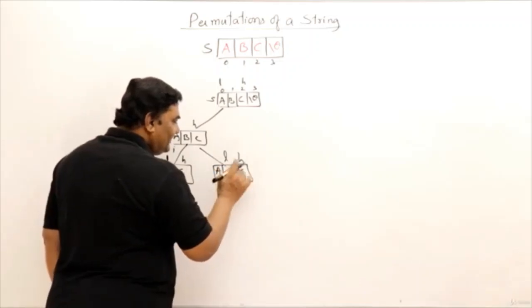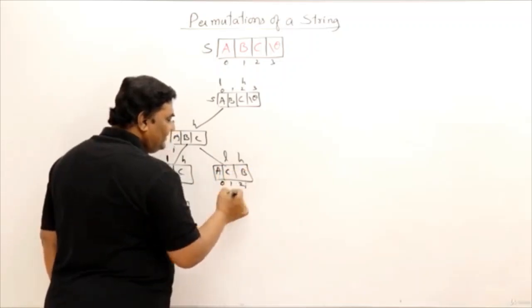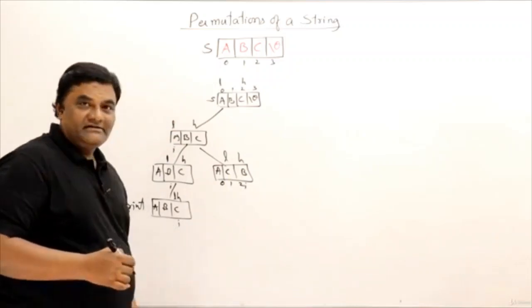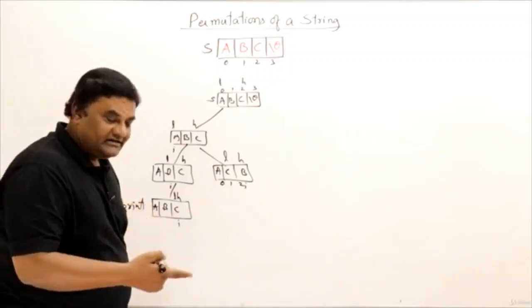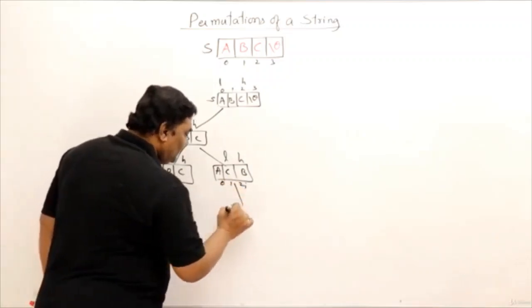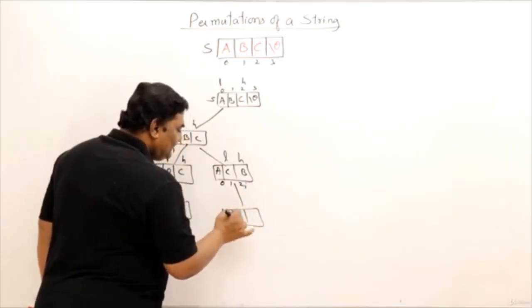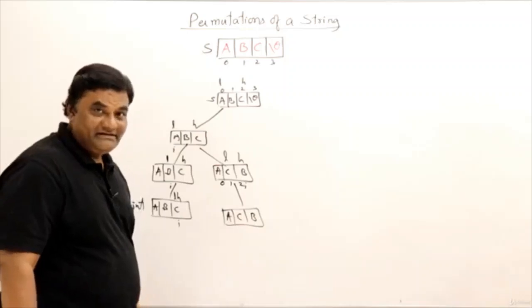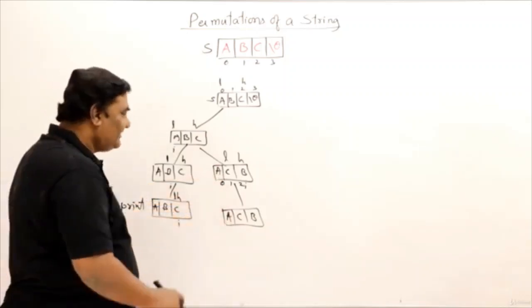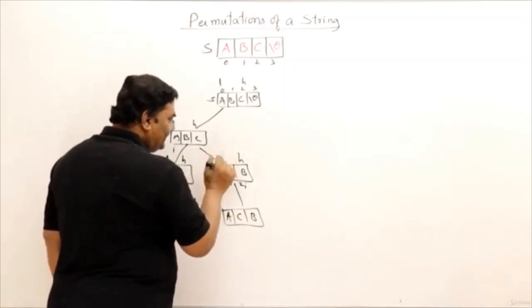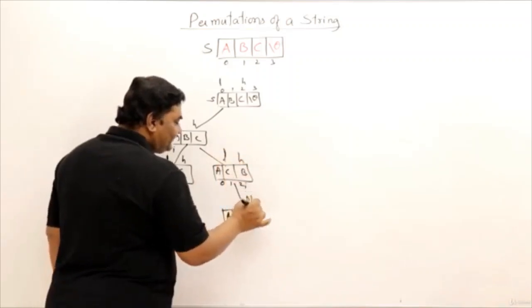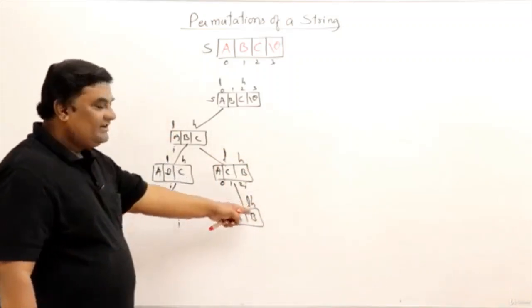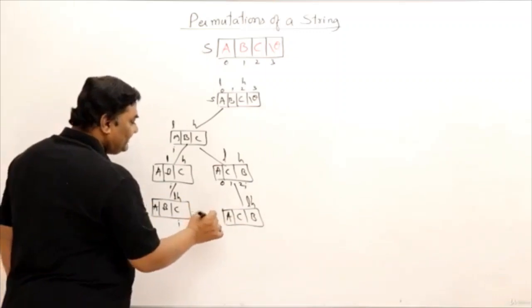So this will become C and this will become B. Then call again. Next call, A, C, B. Right now it is ACB, not ABC, a different string. And L will be at the next place. L and H, both of them are here. Now when they are equal, then do what? Print.